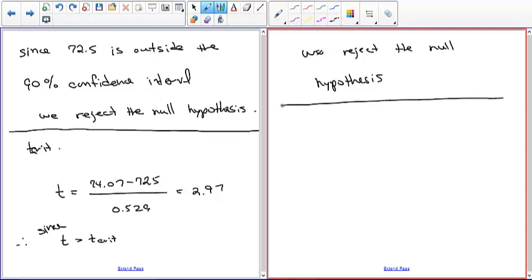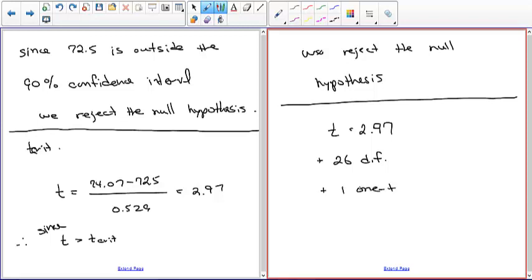And then the third method, with the p-value method, we calculate the t-score, which we just did here, t equals 2.97, and we use that plus 26 degrees of freedom plus one tail.